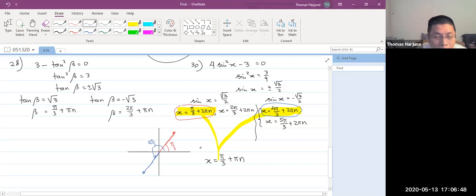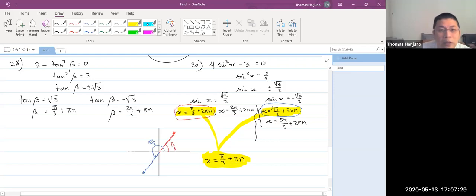Now if I rewrite it this way, I start from pi over 3, then 4 pi over 3, then 7 pi over 3, and then 10 pi over 3. As n moves, when n equals 0 it's red, then blue, then red, then blue. You see? So I can condense these two solutions using this notation. Instead of writing 4 solutions, I will write only 2.